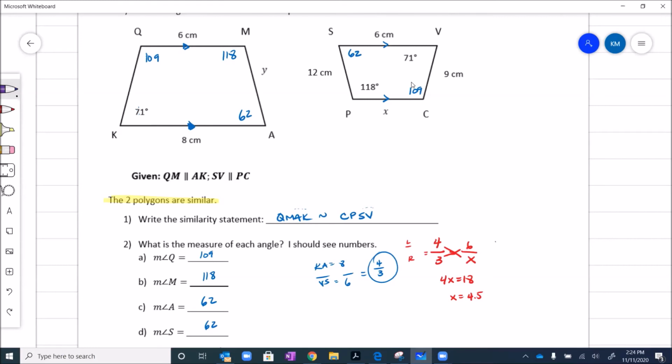So again, my similarity ratio between the two is 4/3. Y is in the large one. It's going to go up top here. MA corresponds with PS, 12. So now I have a proportion, I can cross multiply, that gives me 48 equals 3y. Divide by 3 on both sides, y equals 16.